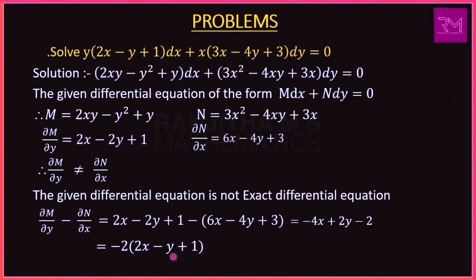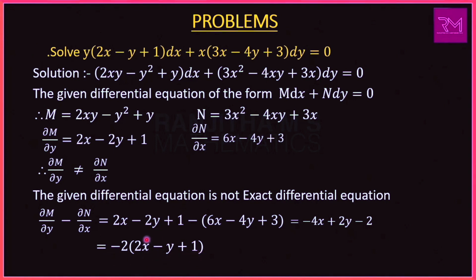Now, observe that the difference is close to the M value, which is y(2x - y + 1). You could take the other as M too, but you can take this value so that you can cancel easily. Here also the ∂M/∂y - ∂N/∂x value is -2(2x - y + 1).